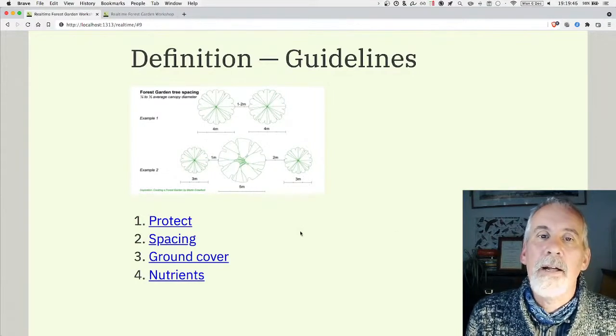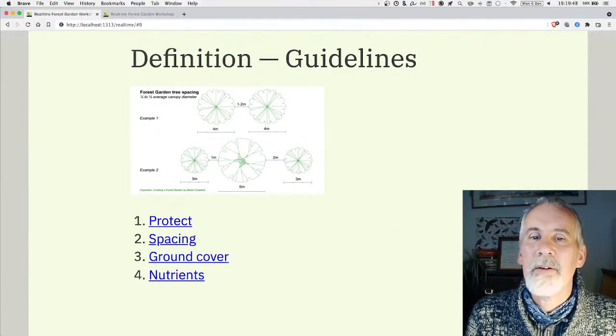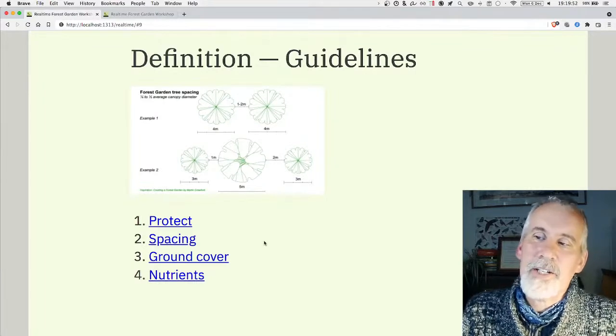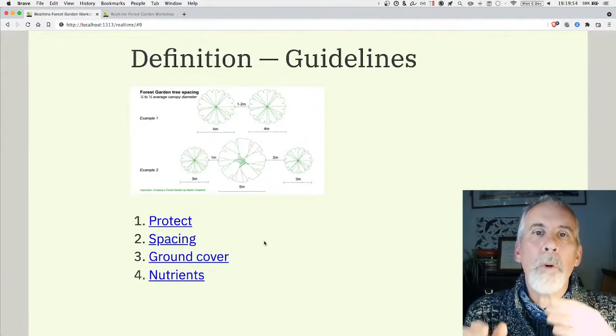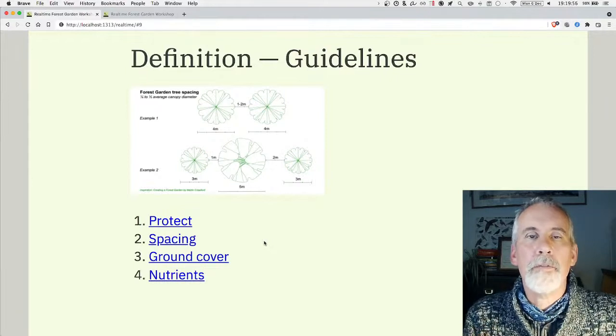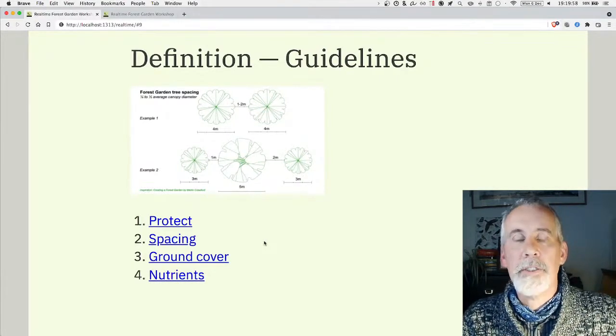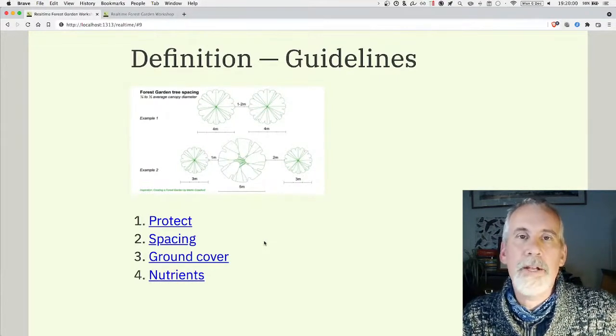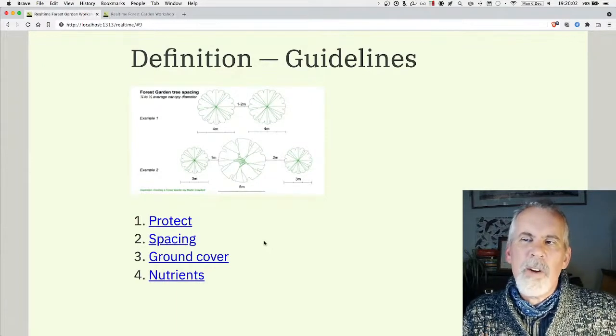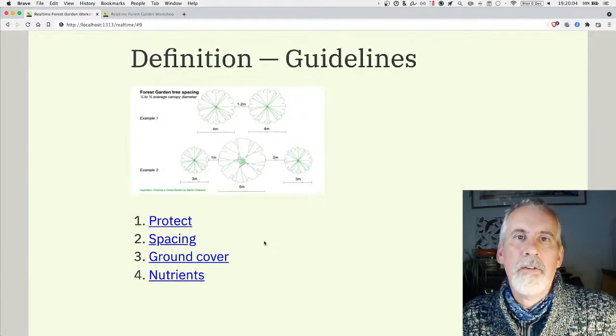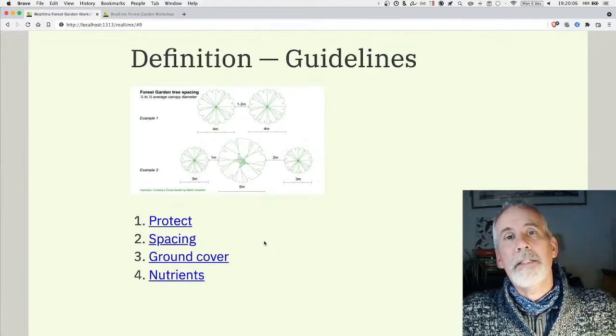And ground cover. Yes, ground cover. Always keep the ground covered. This is really kind of interesting, actually. I think ground cover is far more important at the beginning, at the early stages of a forest garden. When things start to get established, the herbaceous perennials, then really you don't tend to need so much ground cover because they're filling up that space.